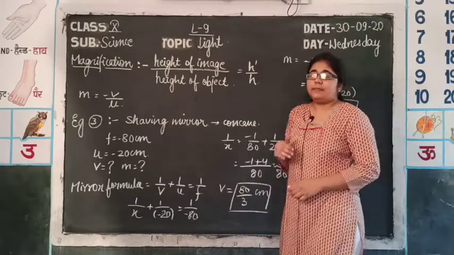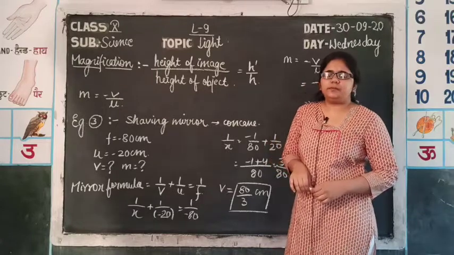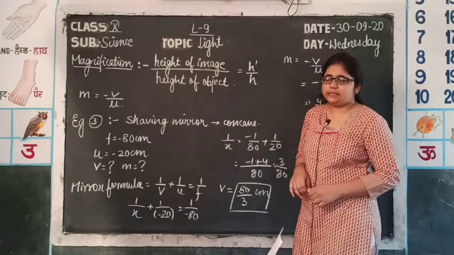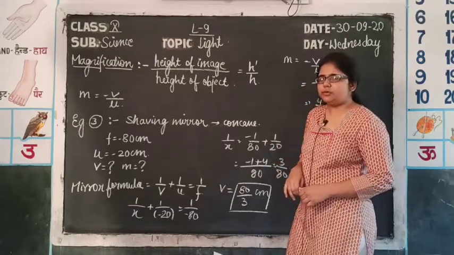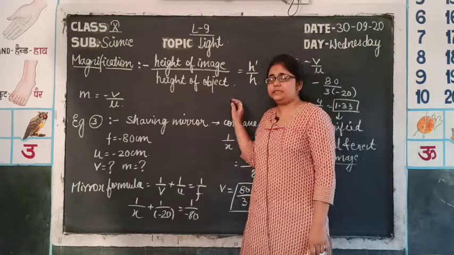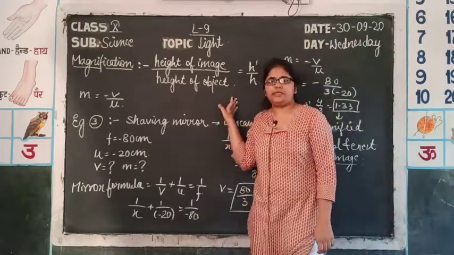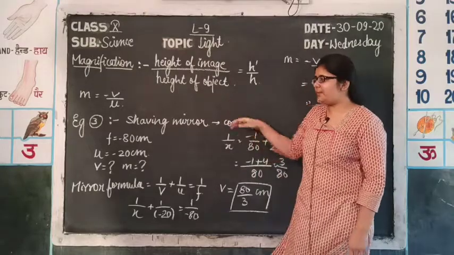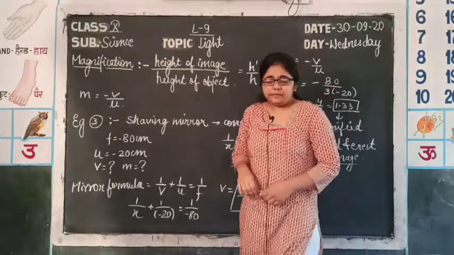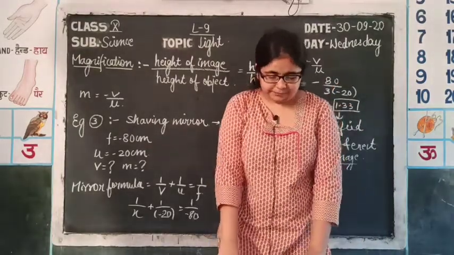That means, if the object is above the principal axis, then the image will also be formed above the principal axis, that is, the height of object as well as height of image are positive. So, this was all about magnification.